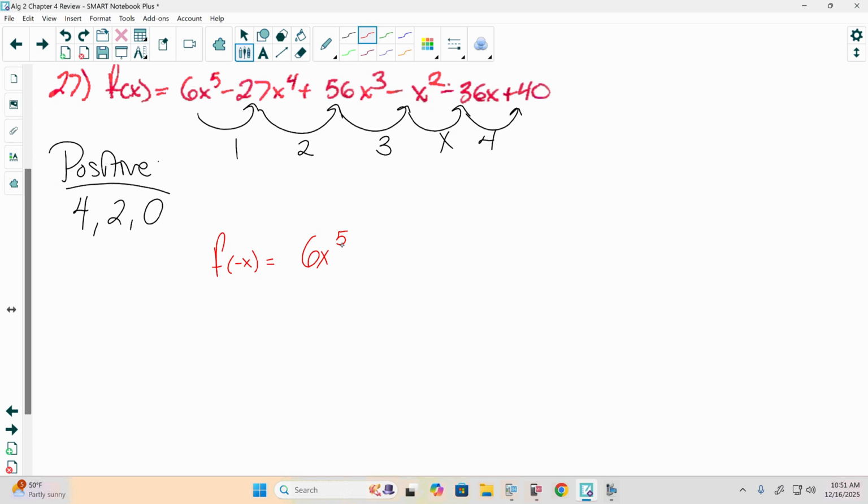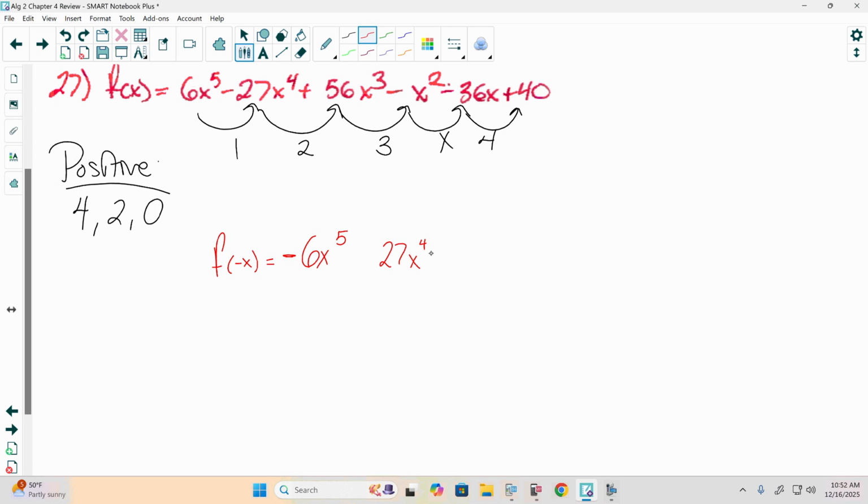If the exponent's odd, that negative x is going to be negative after we apply that 5th power. So for x to the 5th, because it's an odd exponent, we're going to have that negative come out of the x to the 5th, which is going to make that 6x to the 5th go from positive to negative. We're adding a negative to it. Now the x to the 4th, 27x to the 4th.